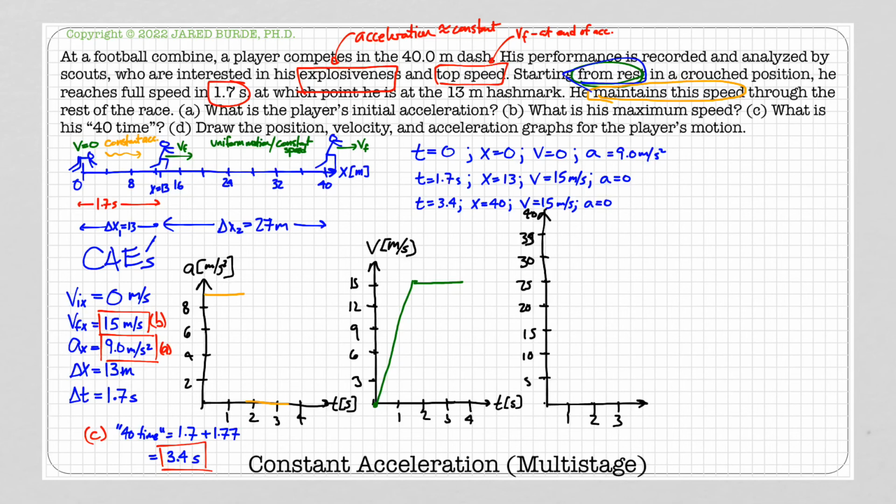And then finally, with our position, we know our position at t equals 0 is 0. We know that at 1.7 seconds, we're at about 13. And then we know that at about 3.4 seconds, we are at a position of 40 meters. In this portion here, we have 0 acceleration and constant velocity, and a constant velocity will give us a linear change in position in the second portion. So this is definitely going to be a straight line. In the first portion, we have a constant acceleration, which means we have a linear velocity and a parabolic position, a parabola that is concave up because we have a positive acceleration.